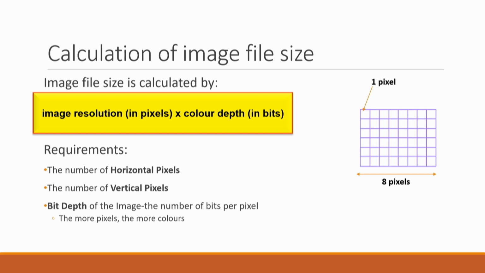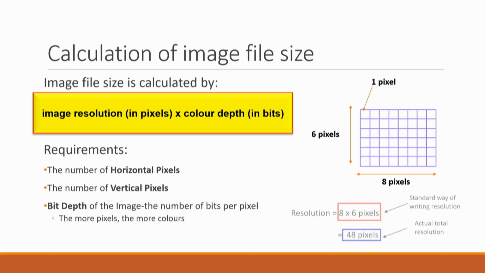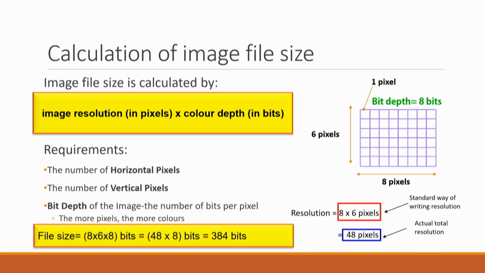So, we first need to establish how many horizontal pixels there are. We multiply it by the number of vertical pixels to get the resolution. If the color depth or bit depth is 8 bits, the file size will be 48 multiplied by 8, giving 384 bits.